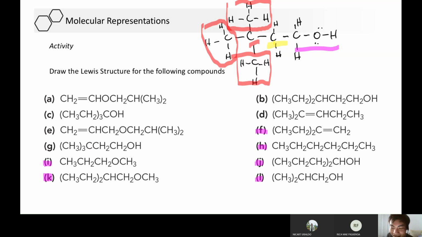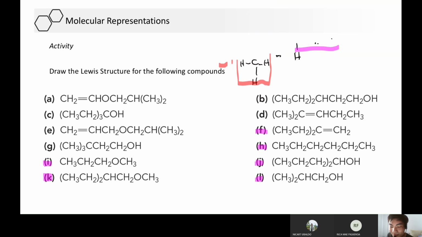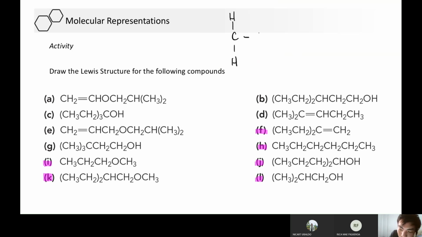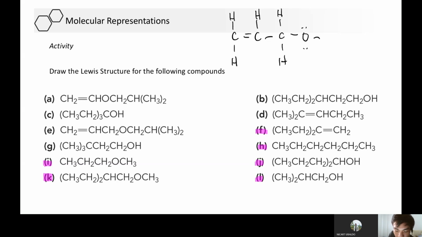Okay, so letter E. Ano yan? CH2 double bond CH. So, CH2 double bond CH. Tapos may CH2 na naman. Tapos may oxygen. Don't forget the lone pairs for now. Then, CH2, tapos CH.